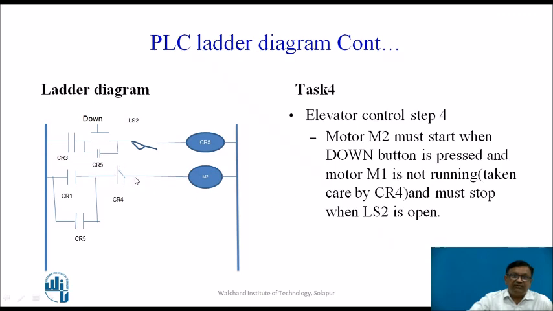And it must stop when LS2 is open. Whenever the object reaches down, the fixed contact, that means LS2, is activated. So that is taken care of by CR4. This is CR5, and this is the down button.